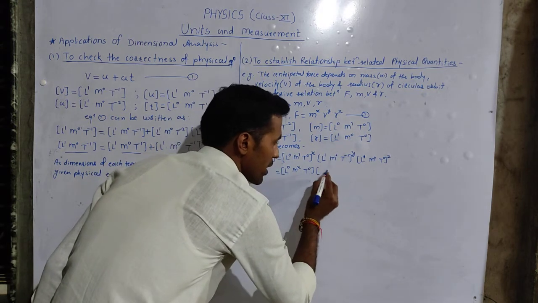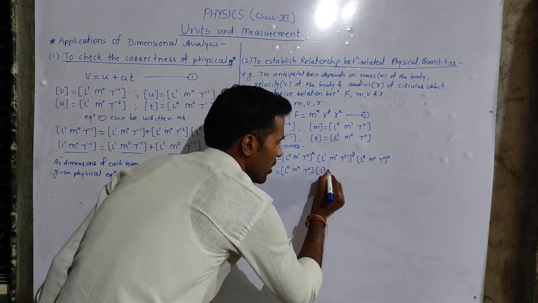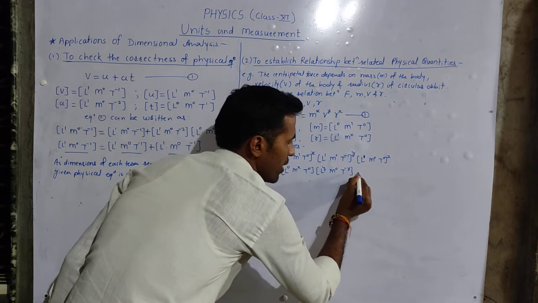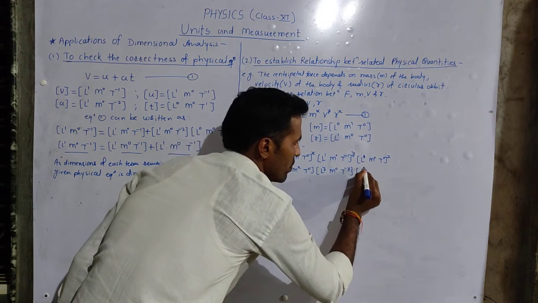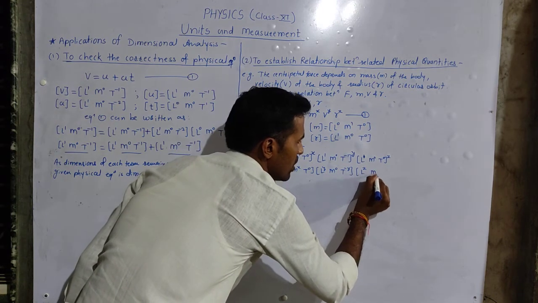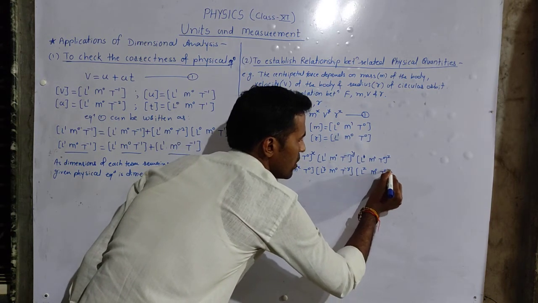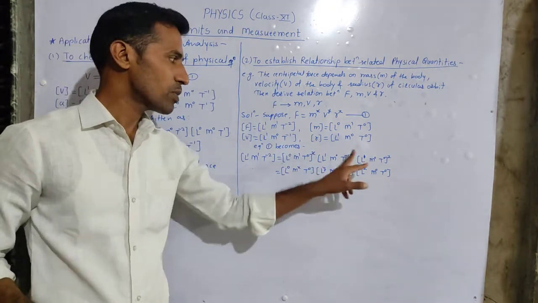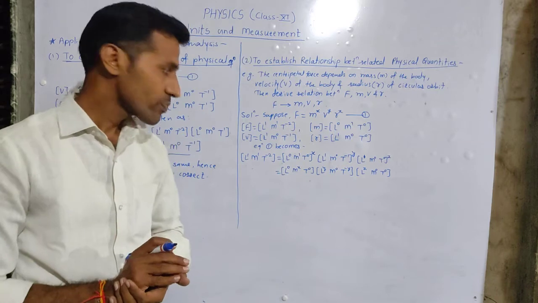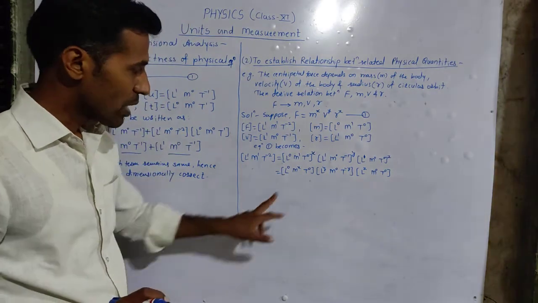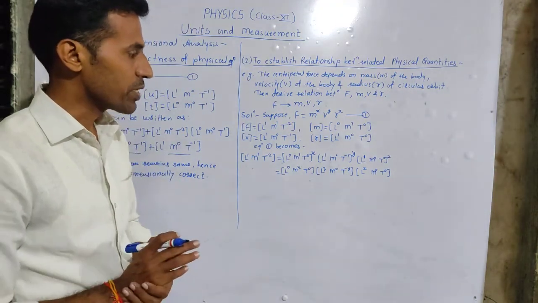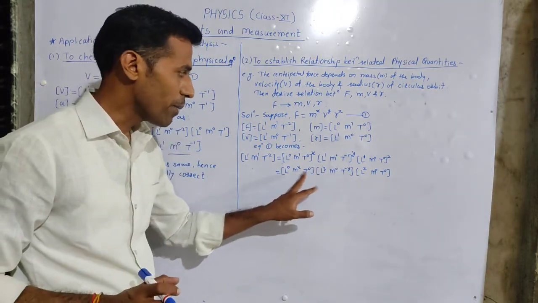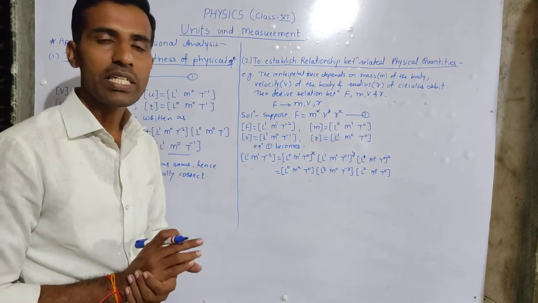Then second term L^y, M0, T^-y, and in the last term L^z, M0, T0. Okay, we have multiplied by these powers into the bracket. Now here we can take the power of L, also power of M, and power of T.